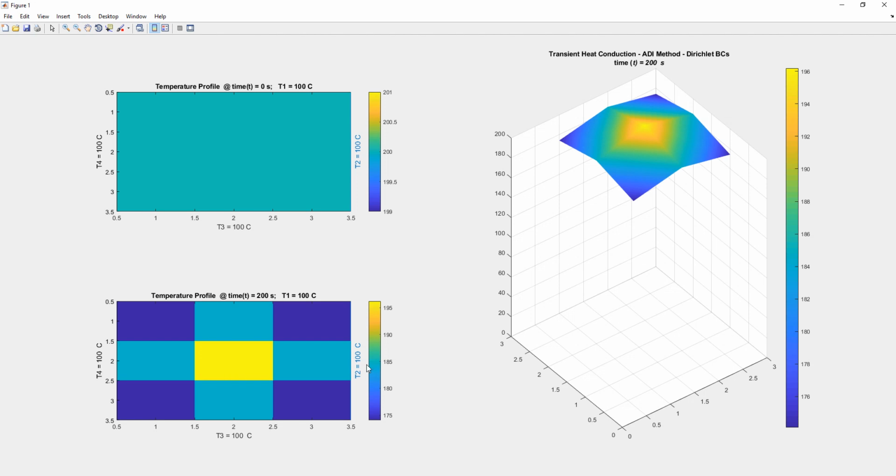The boundary conditions are 100 degrees Celsius for all four sides, and the initial temperature is 200 degrees Celsius, and the temperature variation is from about 175 to 195 on the interior nodes. The right hand side gives an animated plot. Since we only ran it for 200 seconds, it has now stopped.